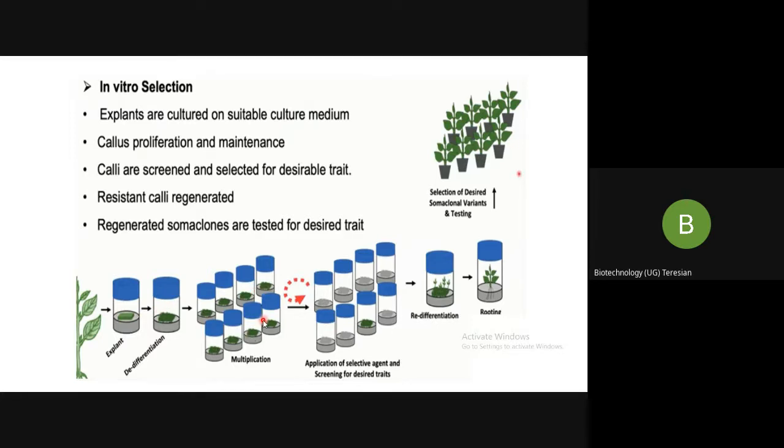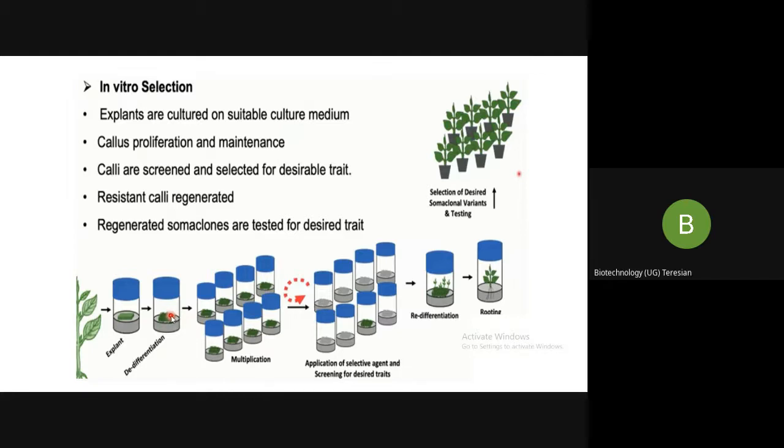I did not put any shoot development or root development regulators here. I took the explant and developed it into a callus. Because it is an undifferentiated mass of tissue, I put certain media, the nutrients or the phytohormones, which underwent dedifferentiation to produce the callus.